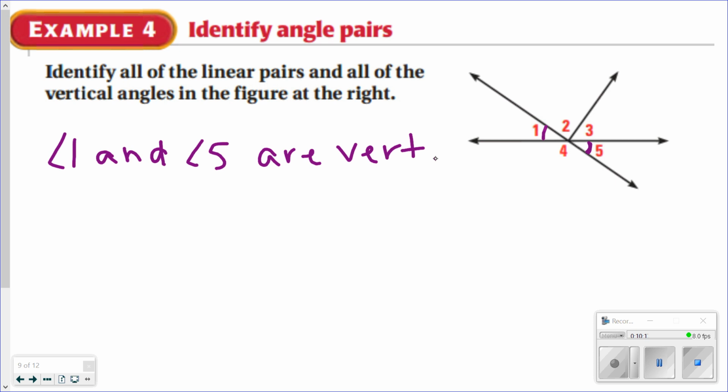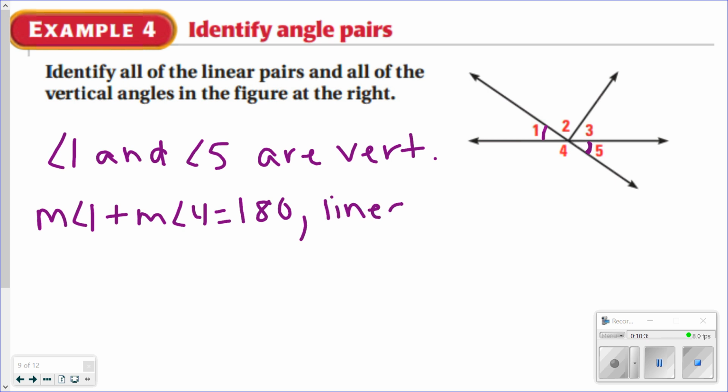We also have a few linear pairs. So one linear pair is angle 1 and angle 4. So the measure of angle 1 plus the measure of angle 4 is equal to 180 degrees. And we see that because it creates a line. So that means that this is a linear pair.